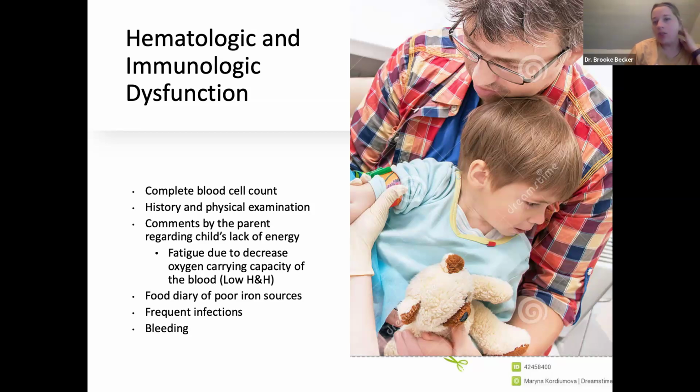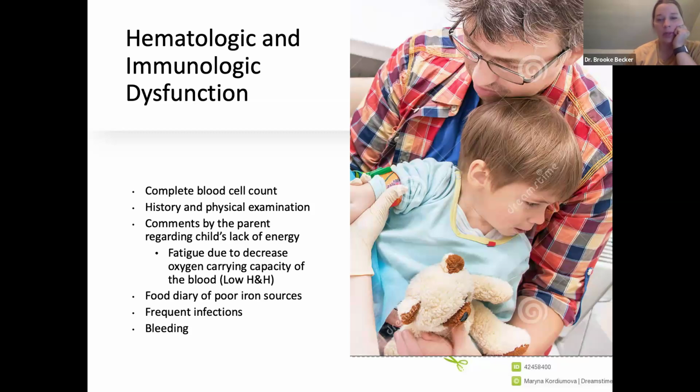The reason you usually see pallor or fatigue in kids with hematologic conditions is because they have low hemoglobin and hematocrit. A lot of times you'll have these kids keep food diaries, especially if you're concerned about iron deficiency anemia, which is the most common cause of anemia in kids, to see what they're eating. Are they having a lot of dairy?